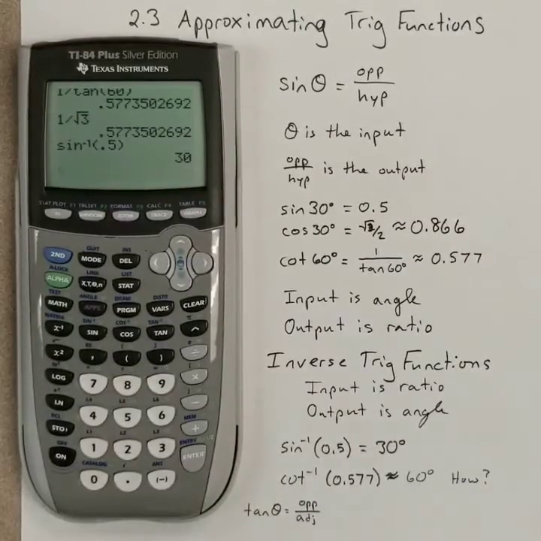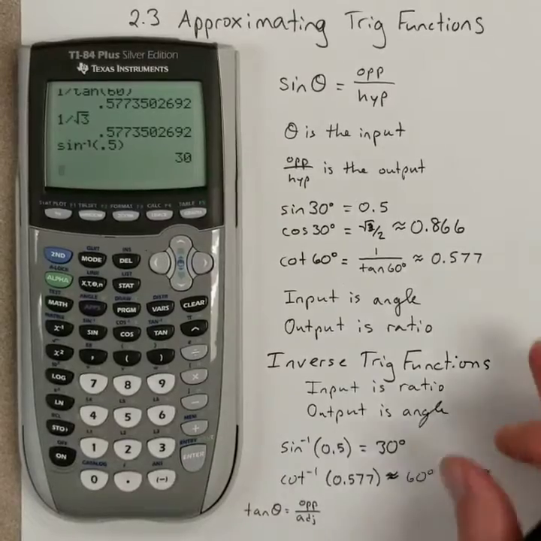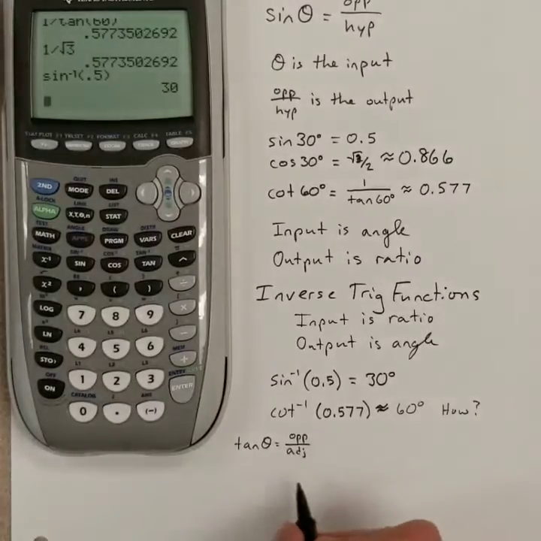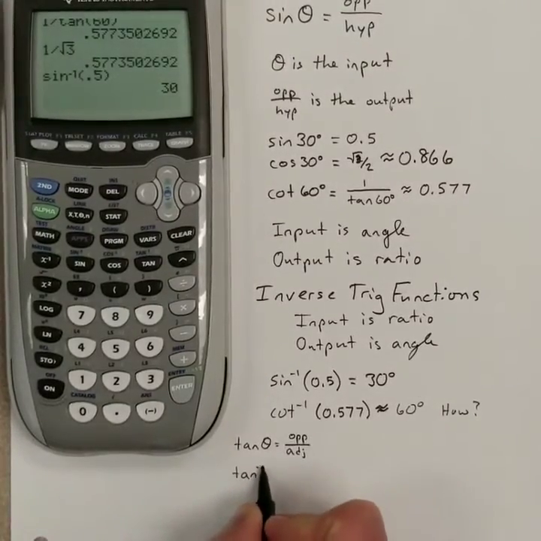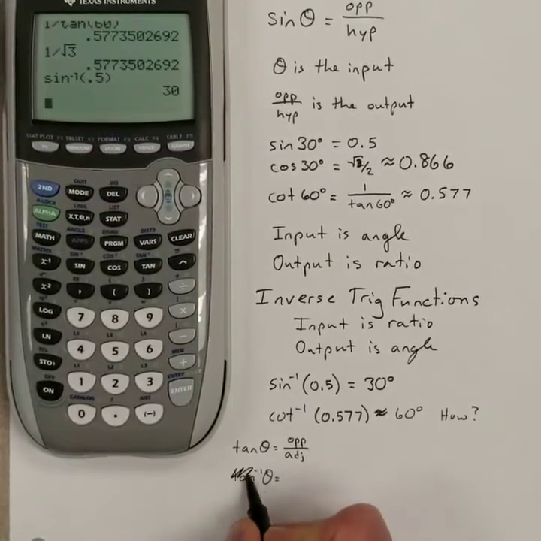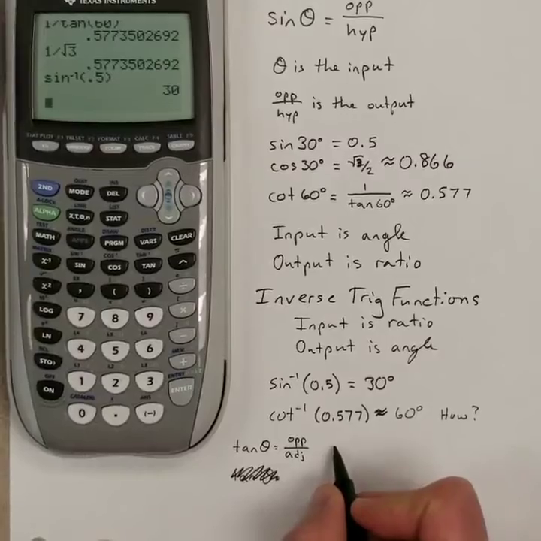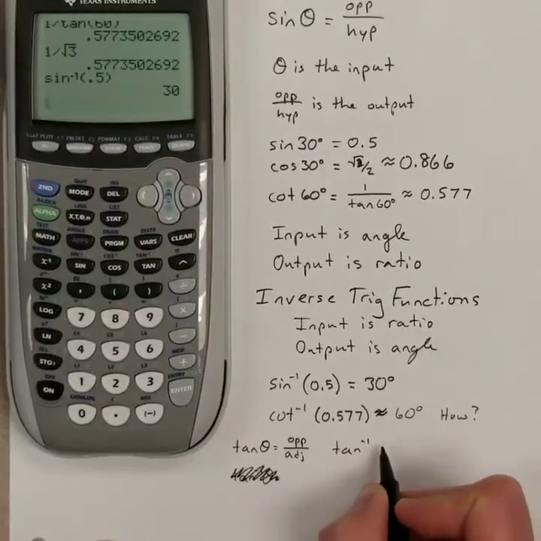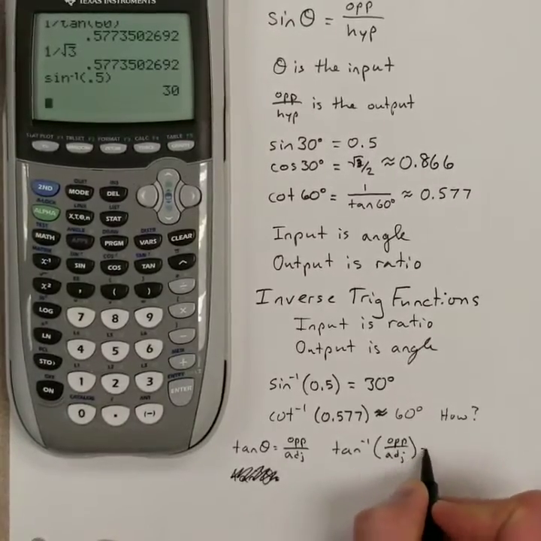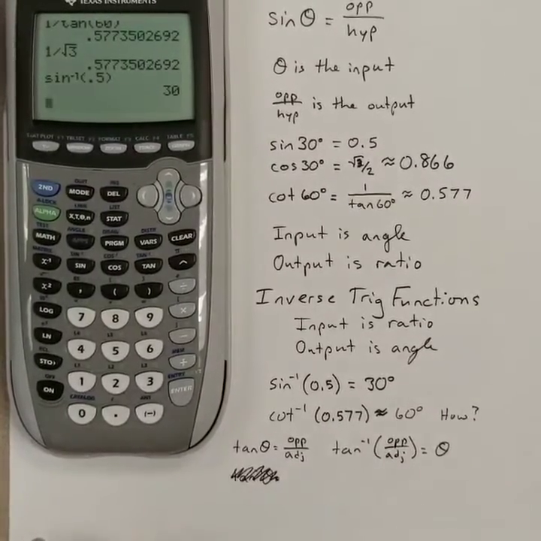And so the inverse tangent of the opposite over the adjacent is equal to theta. Okay, so in one, you input the angle and get out the ratio, and in the other you input the ratio and get out the angle.